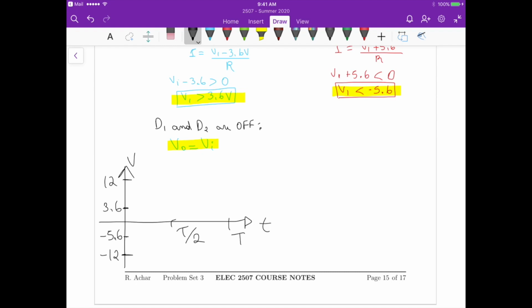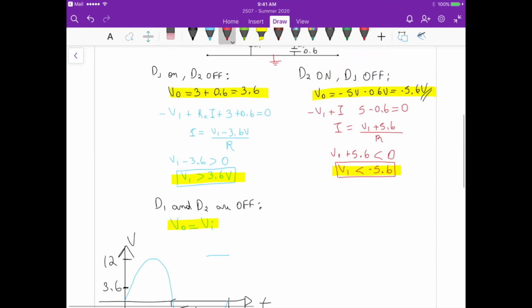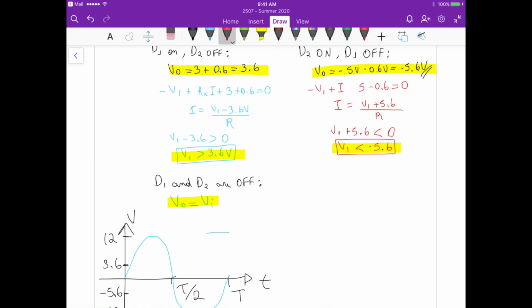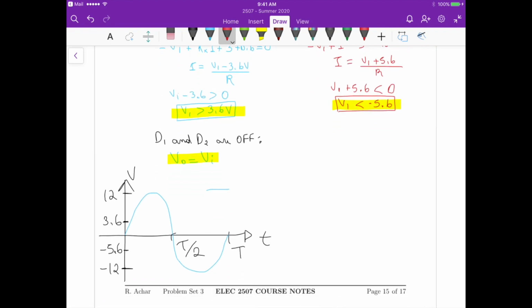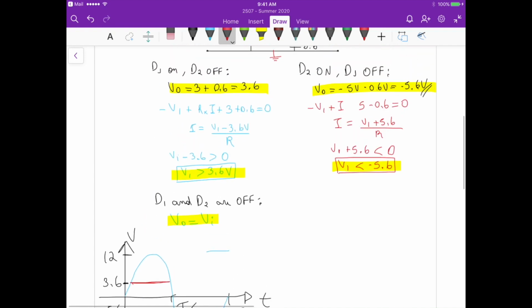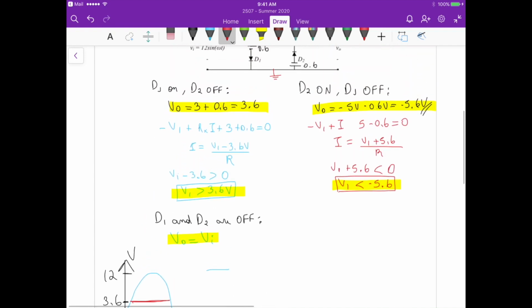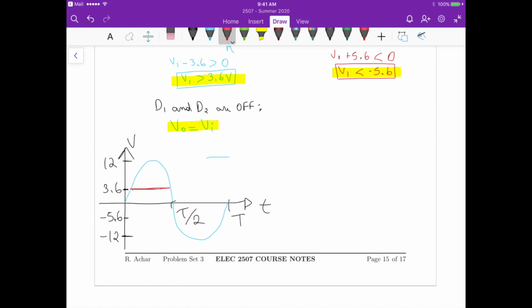So let's draw our input. Our input is just a sinusoid, so let's draw a sinusoid here. Now for the output, if our VI is greater than 3.6, the output is just 3.6. If the voltage VI is less than minus 5.6, the output is minus 5.6, so it stays here.